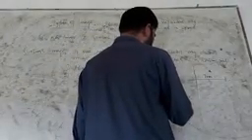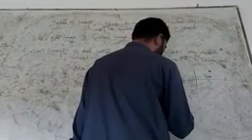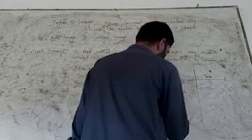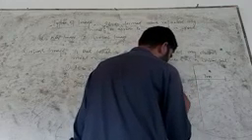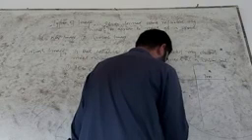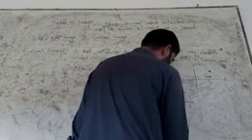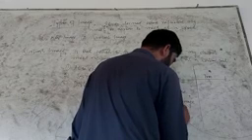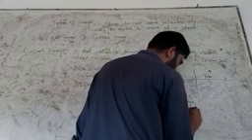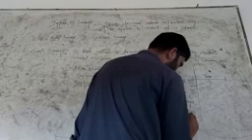So we can say the distance between object and image is equal to 1 m plus 1 m, that is 2 meters.